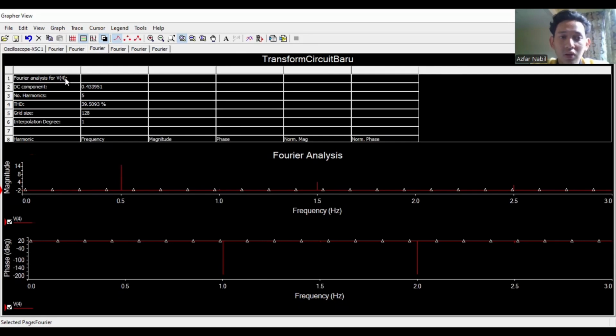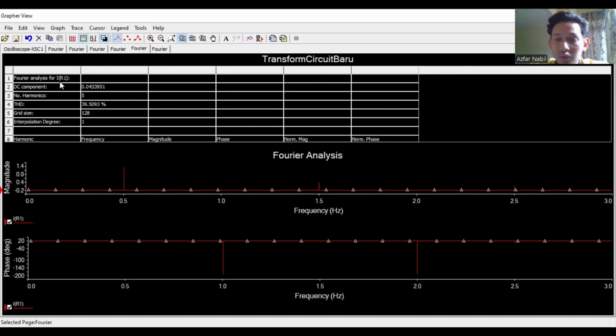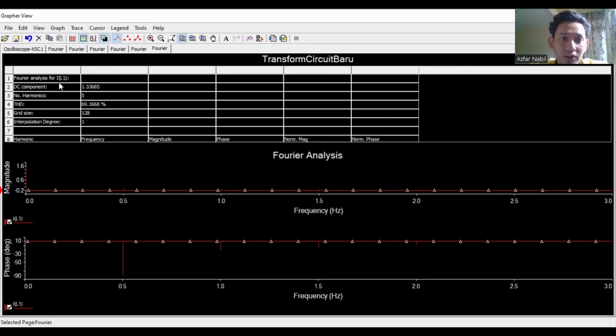Next is V4, with the frequency, phase and magnitude. Also the current for C1, current for R1, and current for L1. So we can get the data from here, these harmonics.